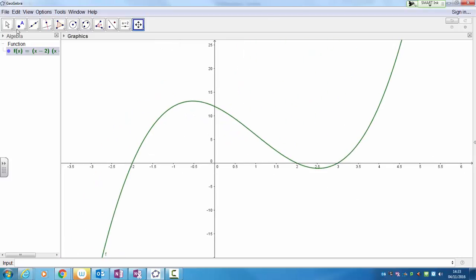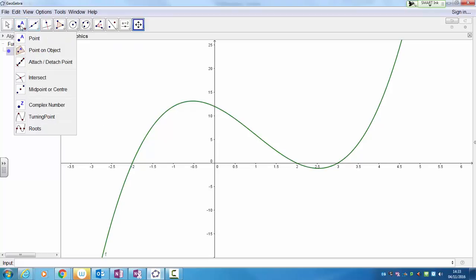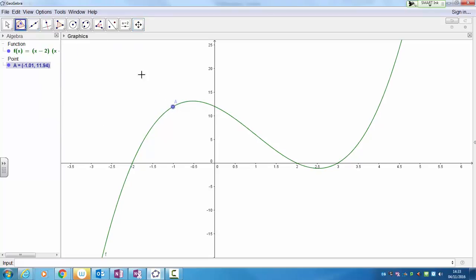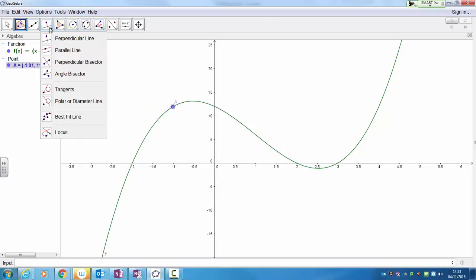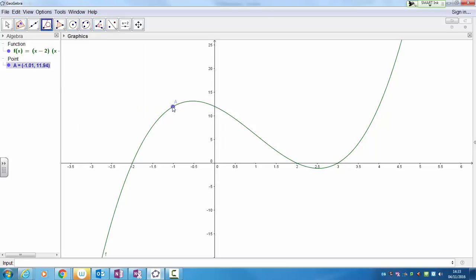There's my cubic. I then take a point on this cubic. Let me put a point there. And I can actually work out the tangent of the curve at that point. So as I move this point around, it tells me the tangent.